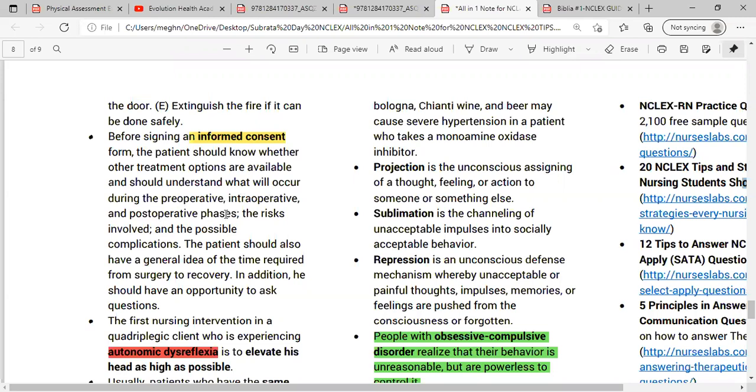They should know the intraoperative and postoperative phases and the risks involved, the possible complications, and have a general idea of the time required for surgery and recovery. In addition, they should have opportunities to ask any questions.